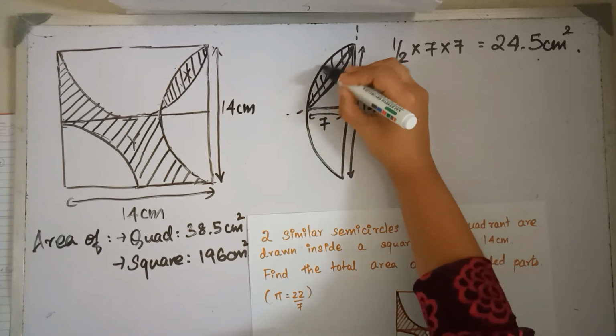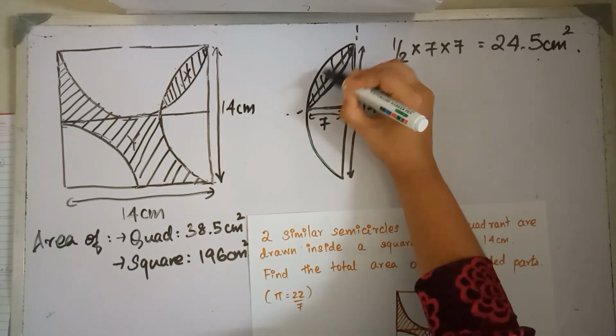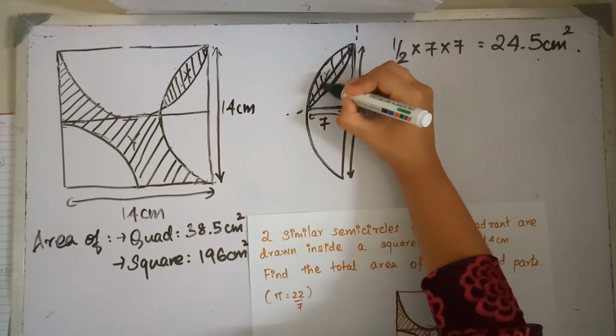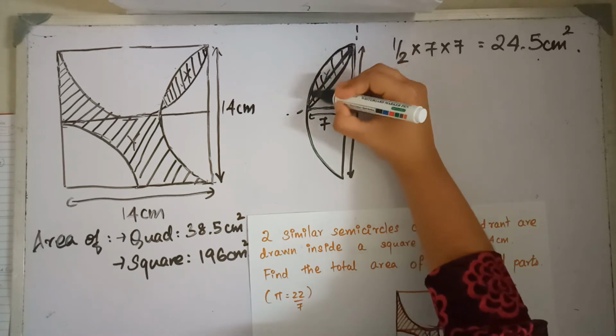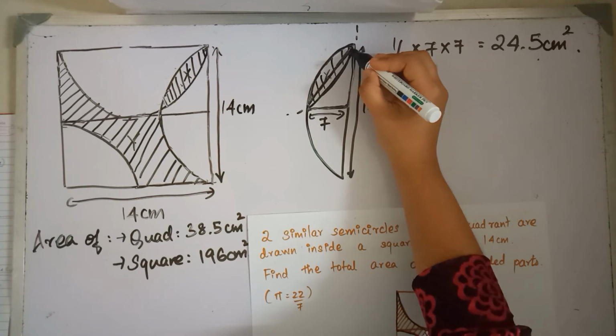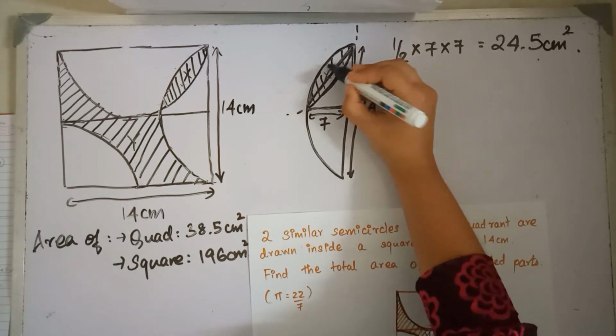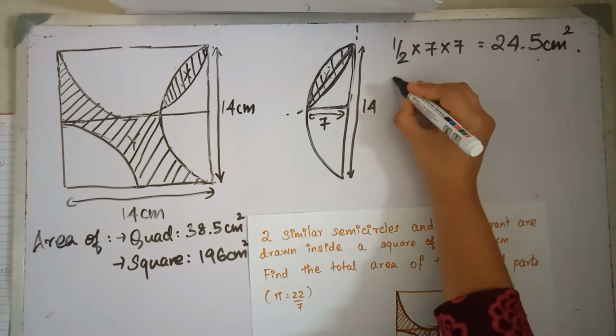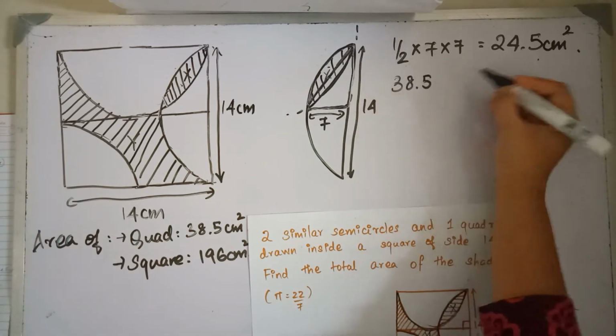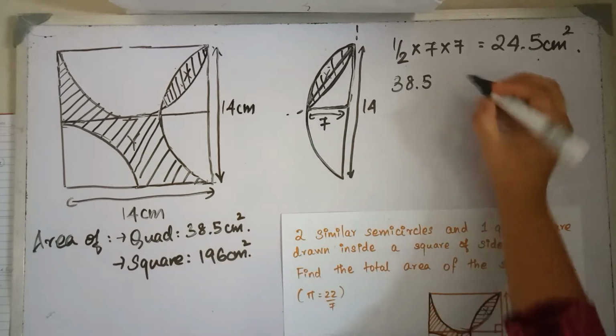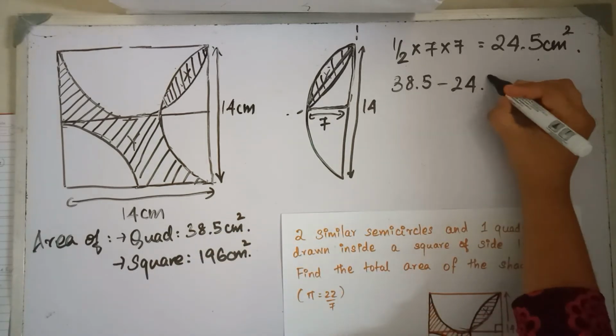We know the area of the quadrant, so we can find out this region. We know the triangle area, we know the area of the quadrant, so this region can be found out. Area of quadrant is 38.5 minus 24.5.